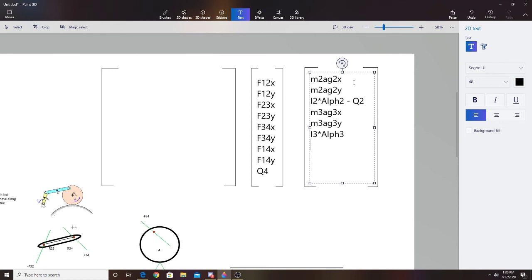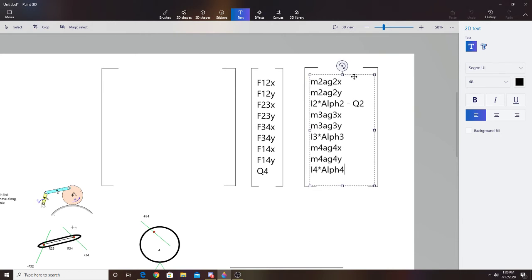And then we do it again, which is m4 ag4x, m4 ag4y, and the last one was I4 times alf4. So that's 3, 3, and 3. Okay, cool. We are good there, and I'll try to line them up so they look nice.